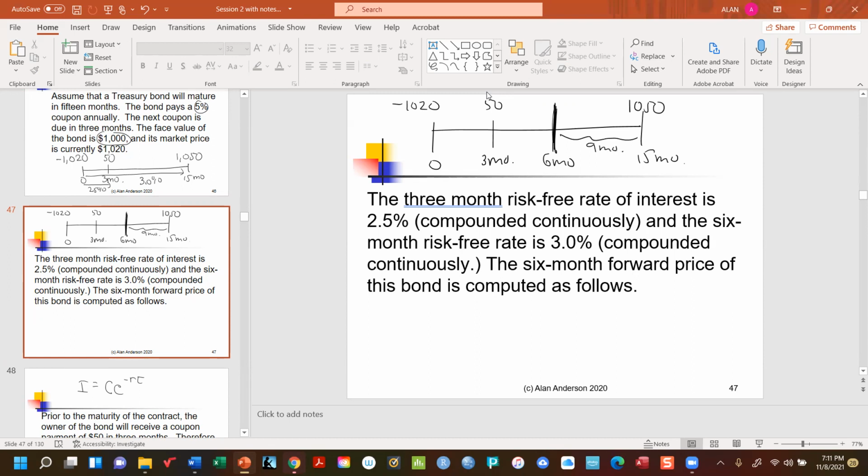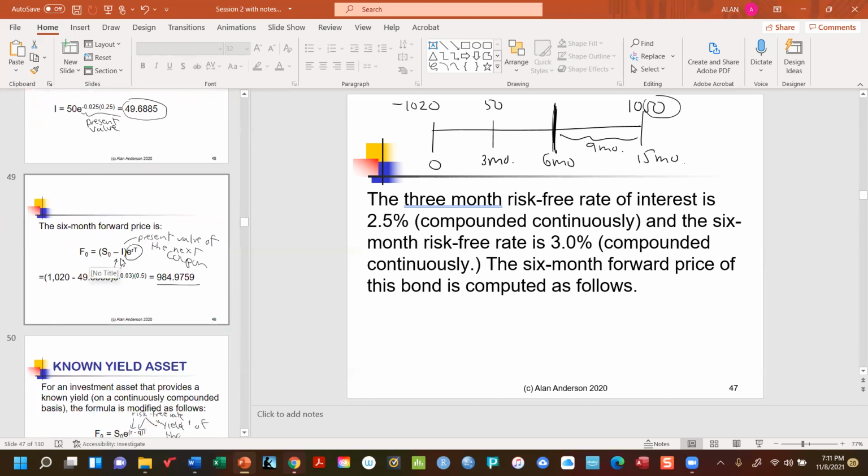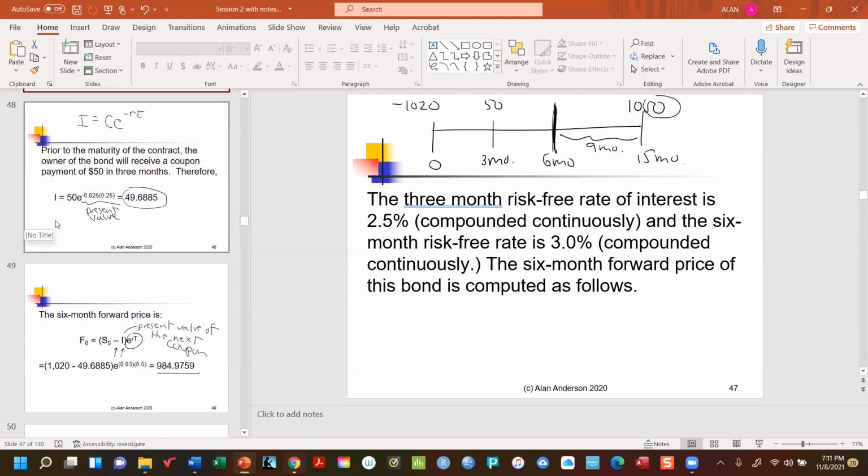So you're effectively buying a 9-month bond. So if that's the case, keep in mind that you're going to collect one coupon of $50. So what we need is the present value of that $50 as of this time right here.